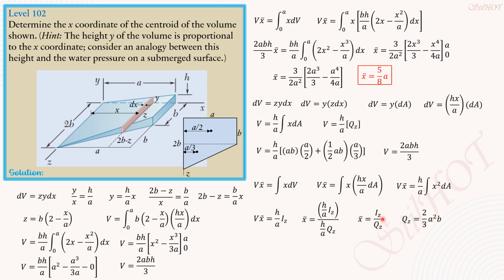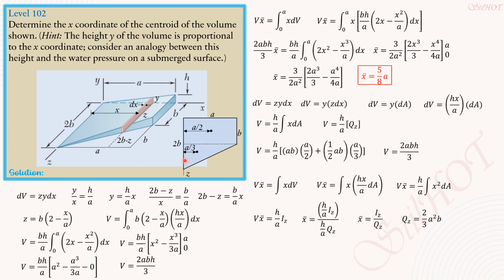Then we need to compute Iz. So Iz is the moment of inertia of this area here, a trapezoid, with respect to the z-axis. It consists of a rectangle and a triangle. For the rectangle, it is b a cubed over 3 with respect to this edge here. For the triangle, b a cubed over 12.